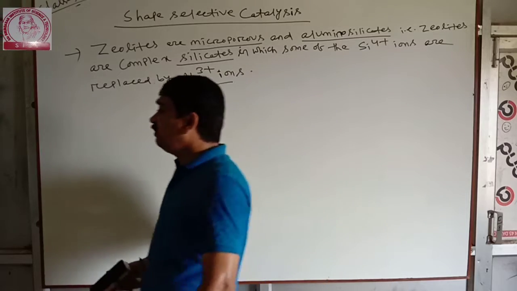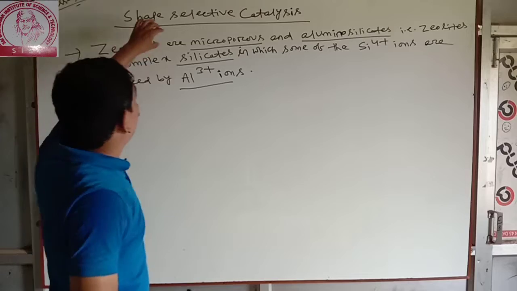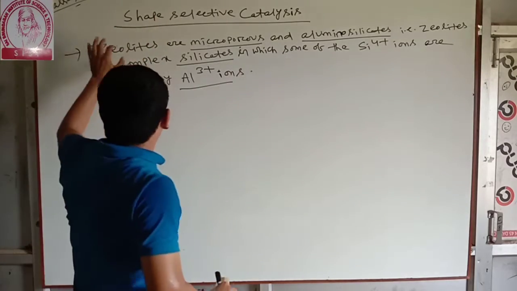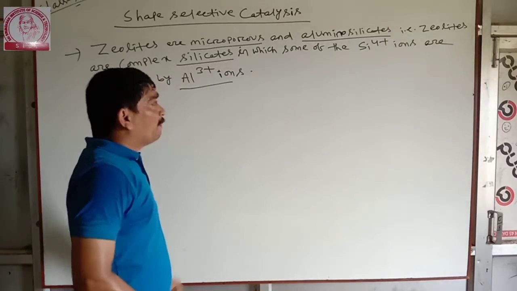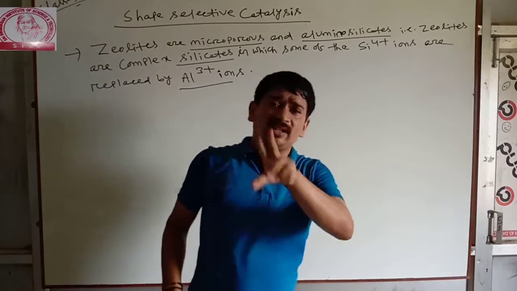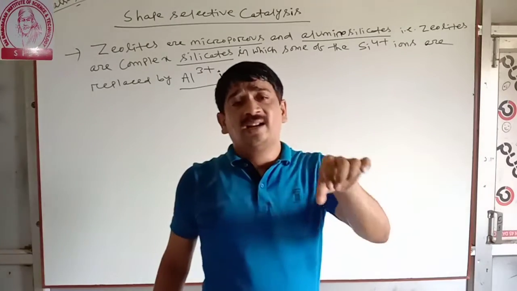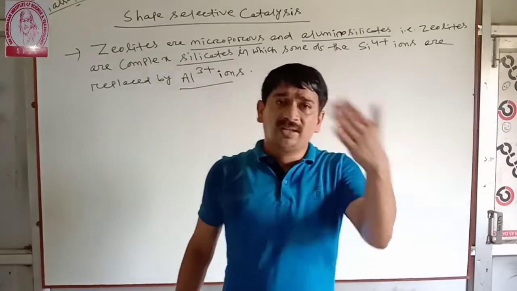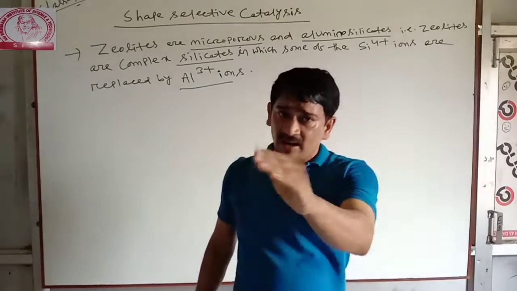Next, enzyme catalysis. This is all about shape-selective catalysis. You may write these as additional points, or not, but two points you must write. First is the definition: what is a shape-selective catalyst? The catalytic reaction which depends upon the pore structure of the catalyst and size of the reactant and product molecules is called shape-selective catalysis.